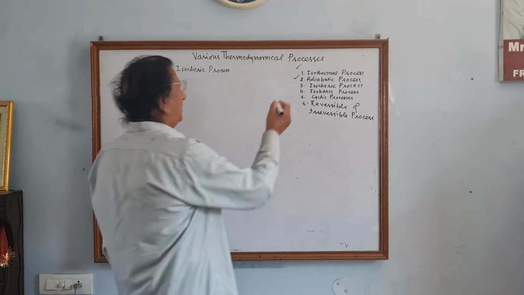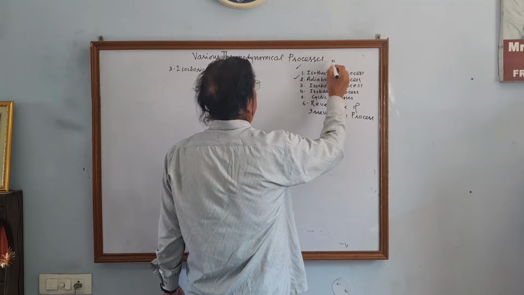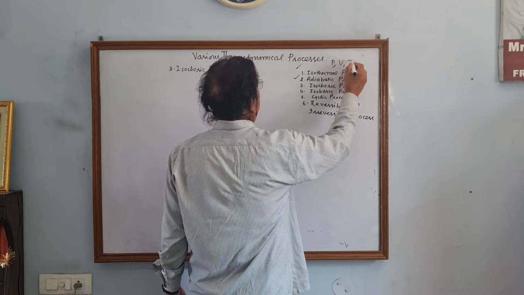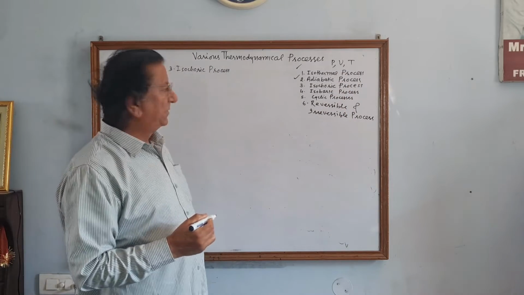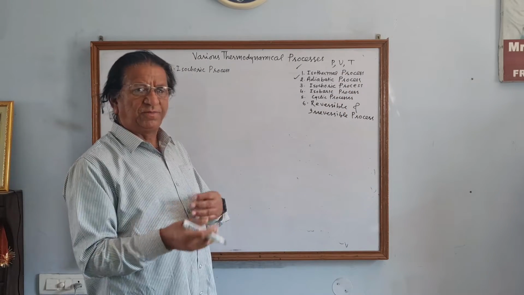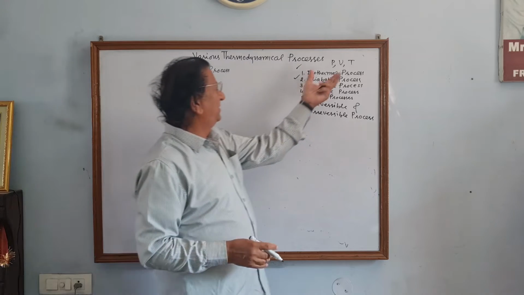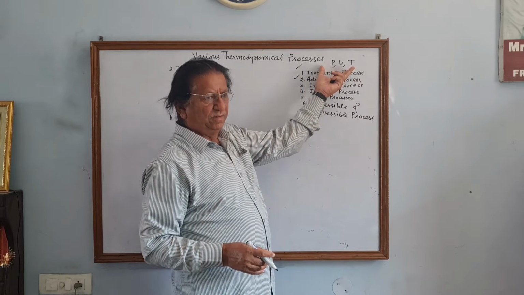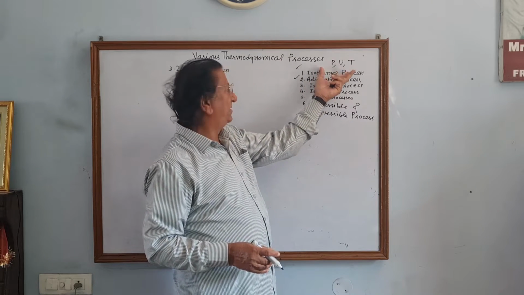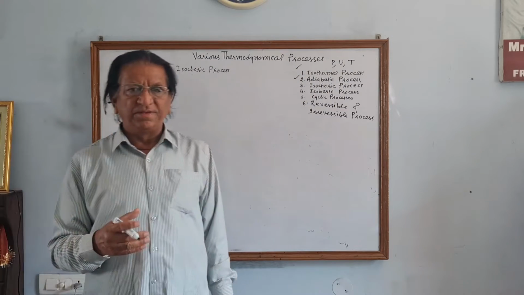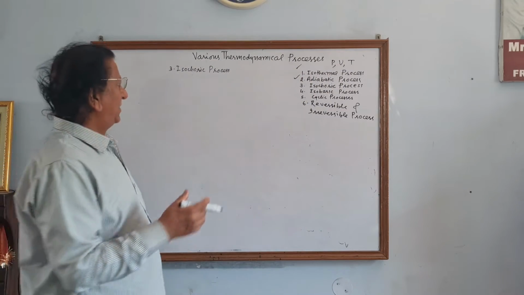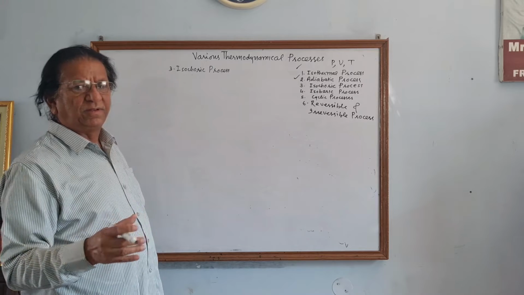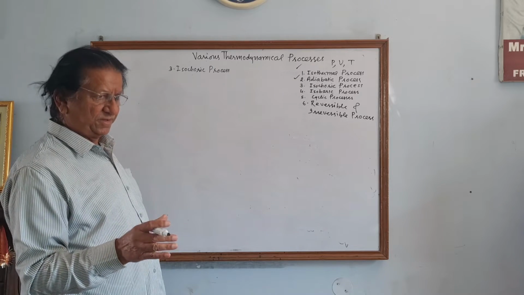You know, there are three parameters associated with the system: P, V and T. And I told you, a thermodynamical system is said to be in a process if any of these three parameters changes. All three may change, or one may change. So when any parameter changes, we say the thermodynamical system is in process.